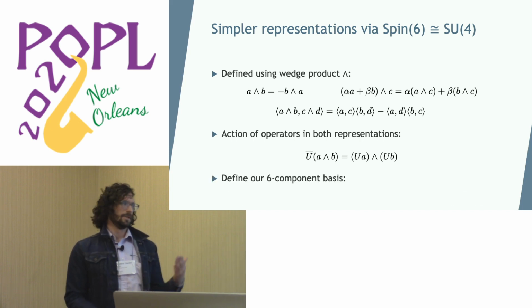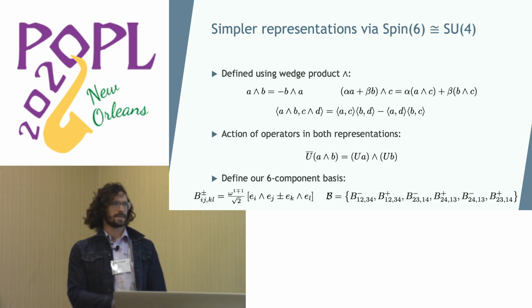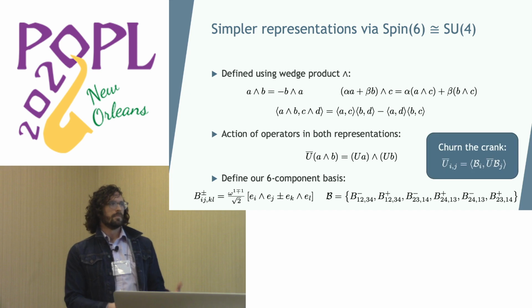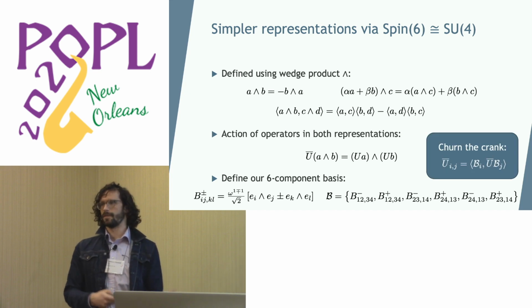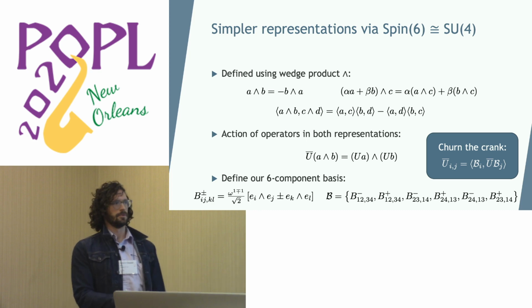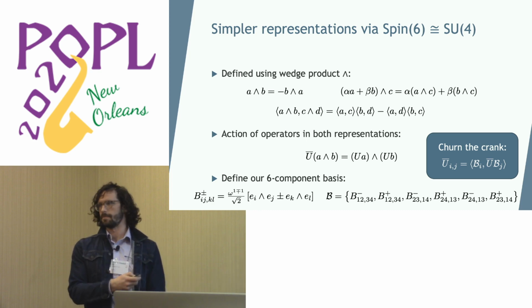Then we define a 6-component basis using this wedge product. It's not important what the form of these is, but you use all of these relations and churn the crank. Everything you need is up there to compute matrices in this Spin(6) representation.